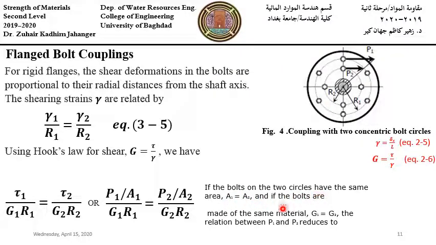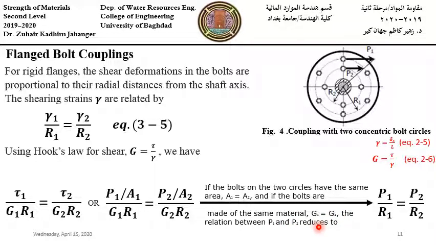And if the bolts are made of the same material, for example steel or aluminum, so G1 equals G2, the relation between P1 and P2 reduces to P1 over R1 equals P2 over R2.